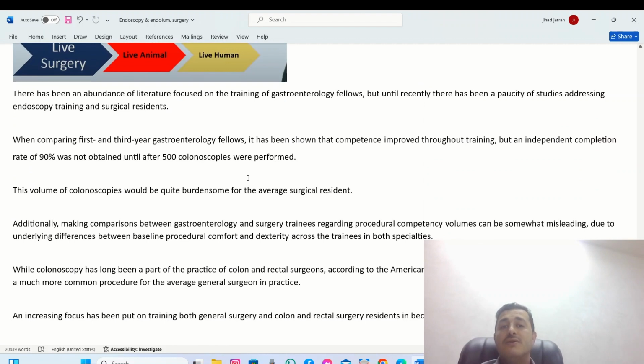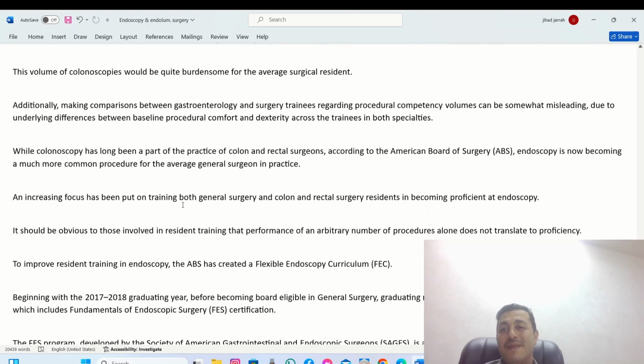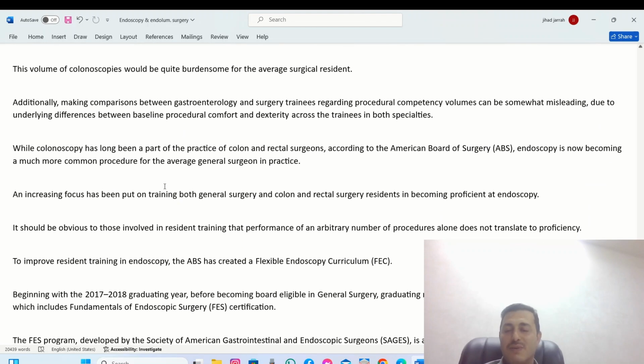Of course, the gastroenterologist and gastroenterology fellow have more exposure and more experience when compared to the surgeon. I know that some surgeons are not even interested in such an approach because they say we have our surgical procedures that we can spend our life without getting full proficiency in, so we have our job and time is not enough to proceed to endoscopic procedures.